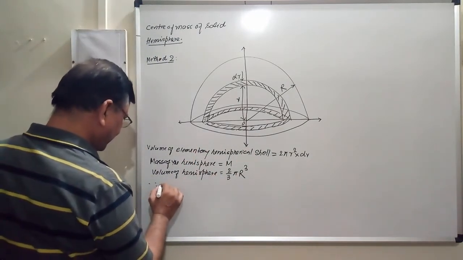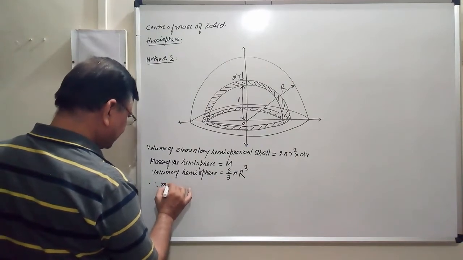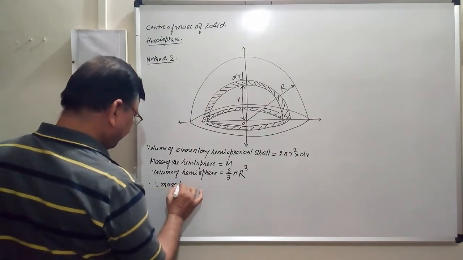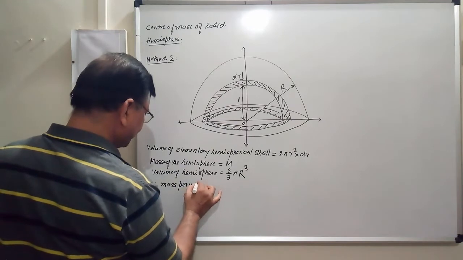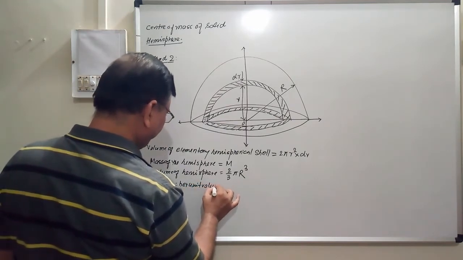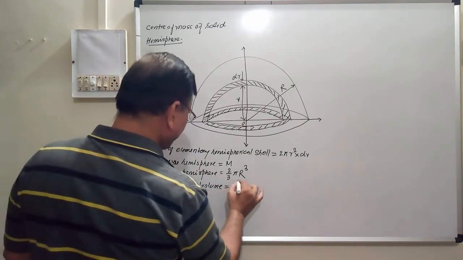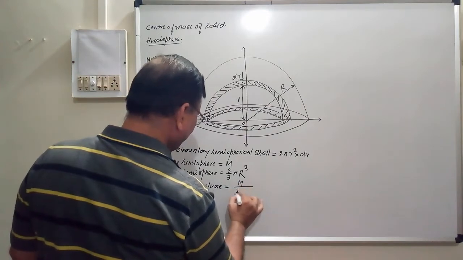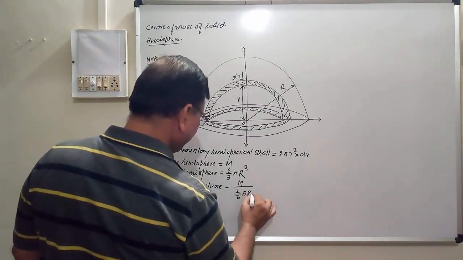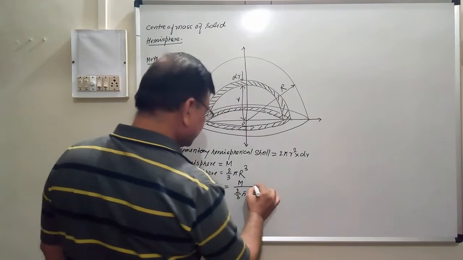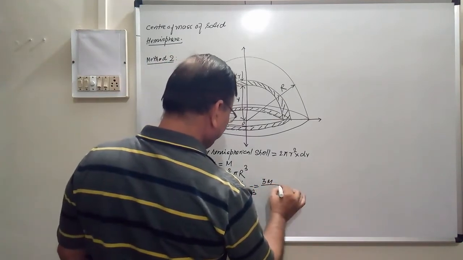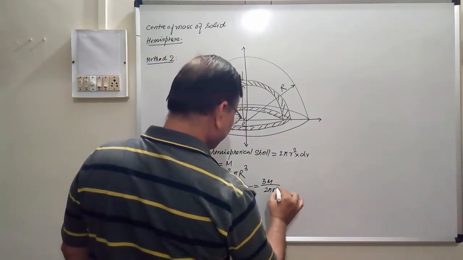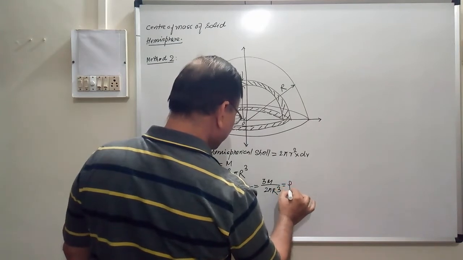Therefore, mass per unit volume is equal to m upon 2 by 3 pi r cube, and this can be written as 3m upon 2 pi r cube, and this is equal to rho.